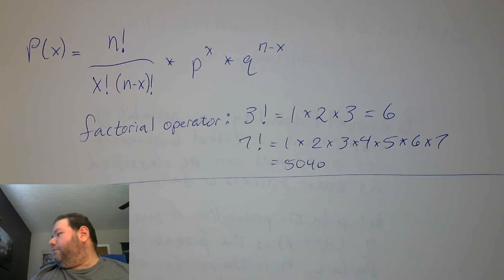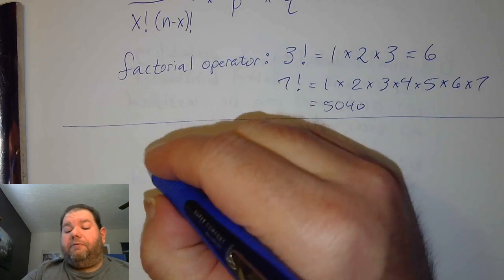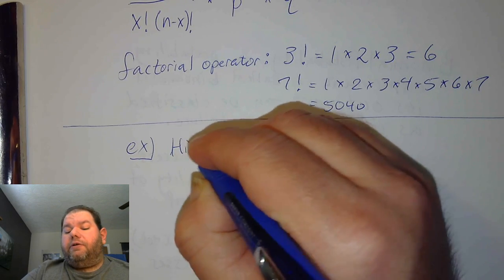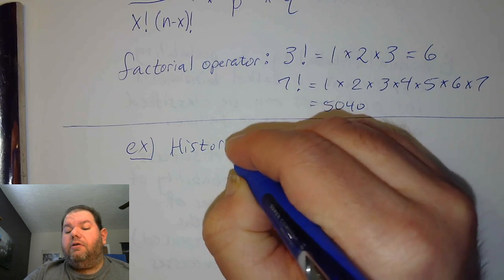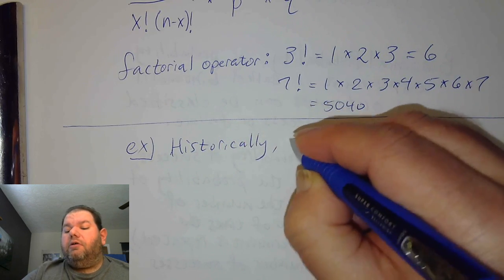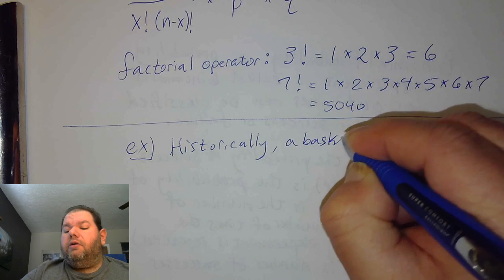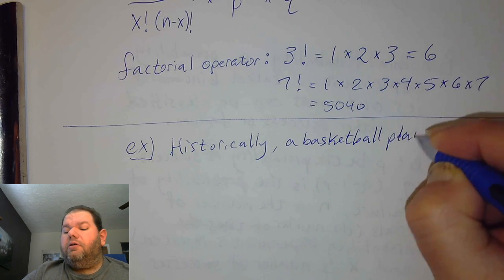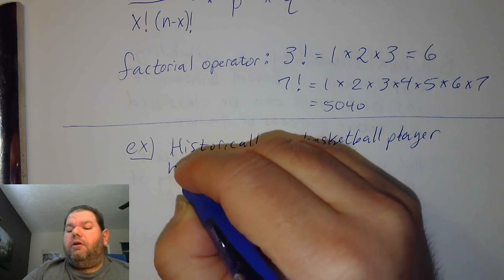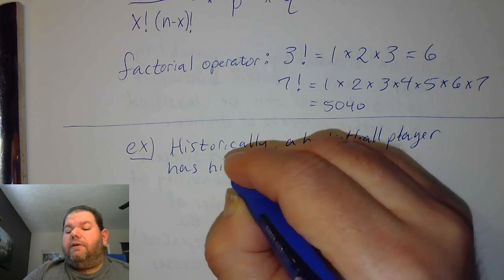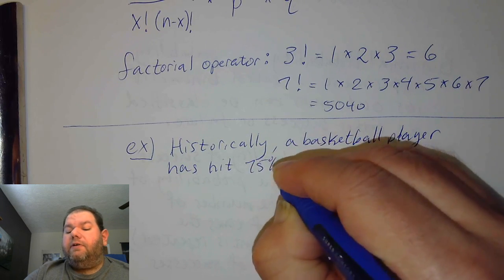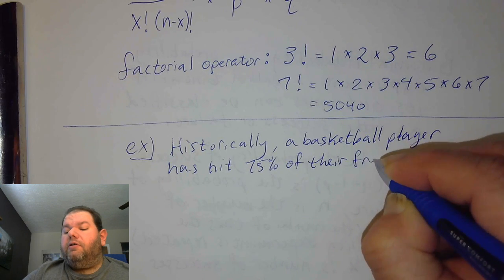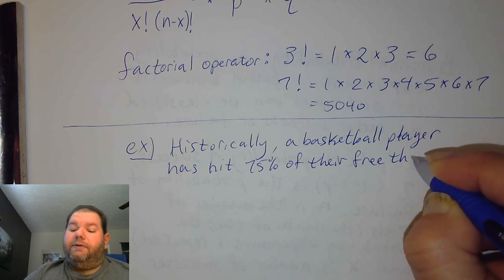Now, let me write down the problem first. Historically, a basketball player has hit 75% of their free throws, or free throw attempts.